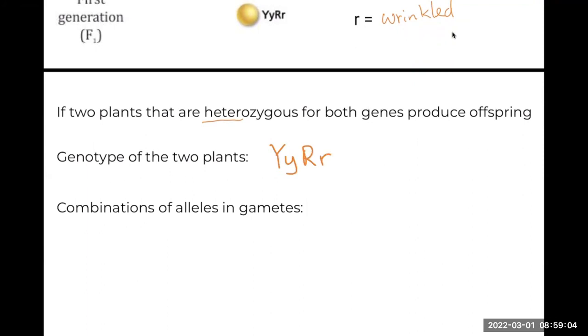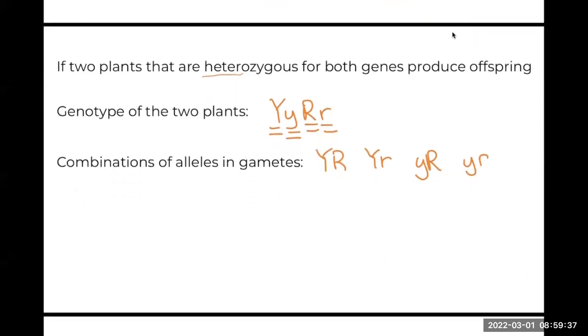And the combinations of alleles in the gametes of these parents would look like this. First one would be this. Second one would be YR. Third one, fourth one, like that. So these are all the possible combinations of alleles you can get in the gametes.